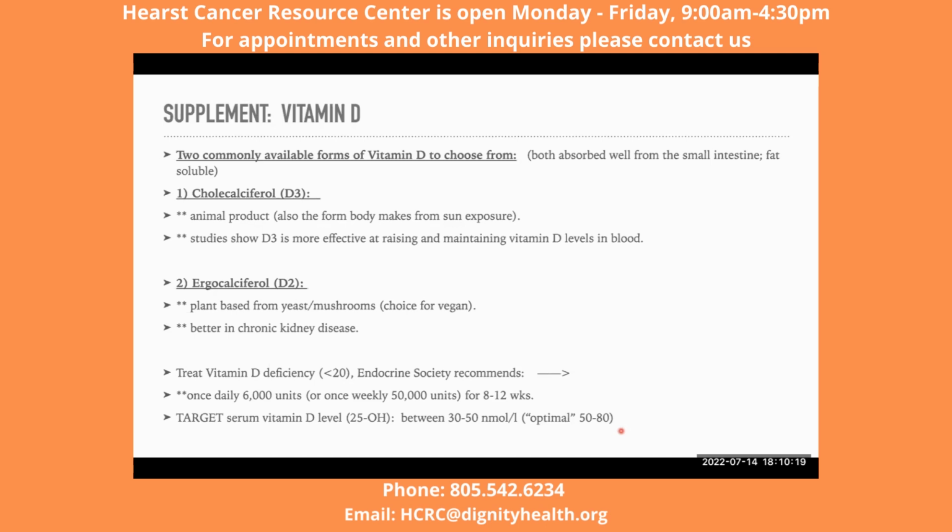What we want to do is target a serum vitamin D level between 30 and 50. But optimally, some studies show that some patients will really need more, like 50 to 80. I usually will target around 50 to 70 for patients. And a lot of my patients will need to take a 50,000 unit capsule once a week indefinitely to keep their vitamin D storage up.